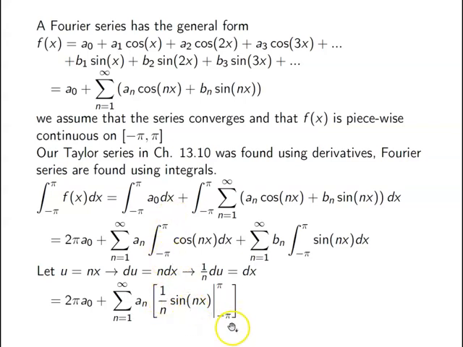We evaluate that from negative pi to pi on the bounds. And we do the same thing for the next piece. However, sine, when we integrate it, gives us negative cosine. So we have this 1 over n from the substitution, and then cosine from the integration, evaluated from negative pi to pi for the bounds.